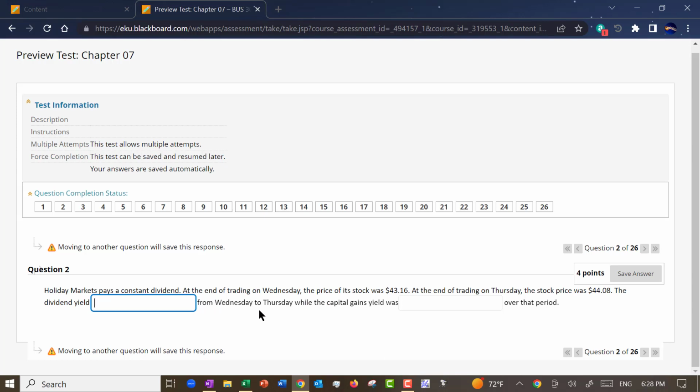And the capital gain yield was what? I think there's a problem with this question.